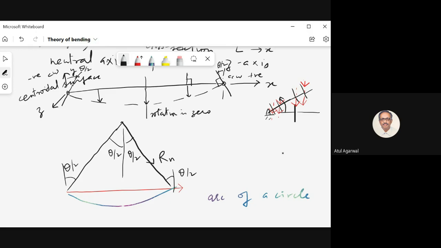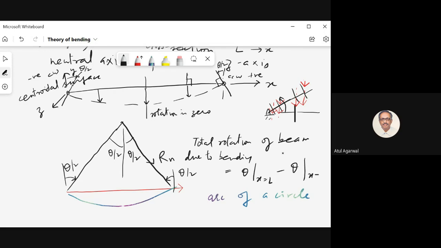So total rotation. Rotation at this end is clockwise. Rotation here is counterclockwise. So total rotation of the beam due to bending is equal to theta at x equal to L minus theta at x equal to 0.